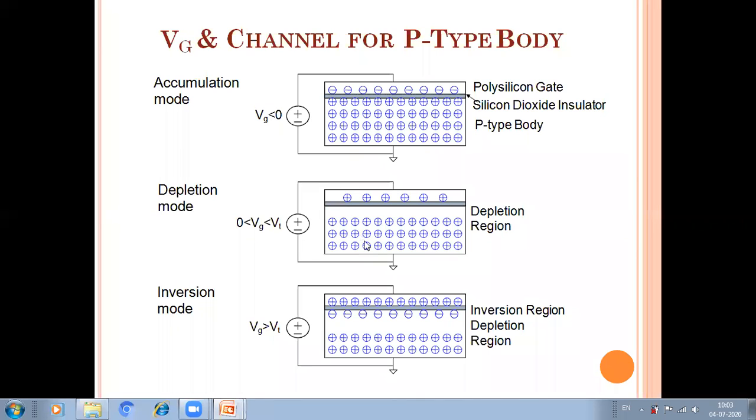Between these, the depletion region is formed. Accumulation mode is when the voltage at the gate terminal is less than 0. And inversion mode occurs when the gate voltage is greater than the threshold voltage. So according to the characteristics, we can also easily understand how the mode will form.